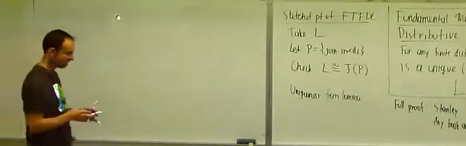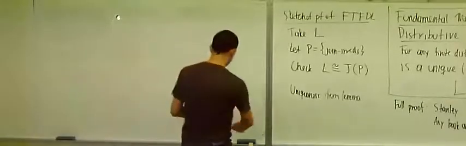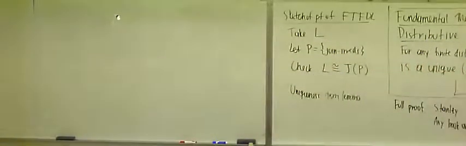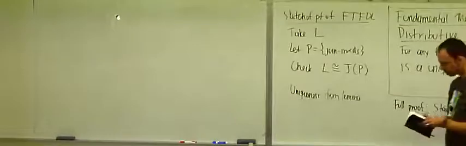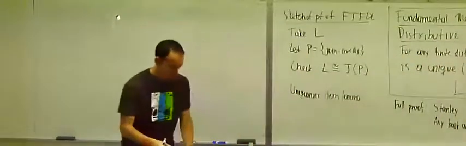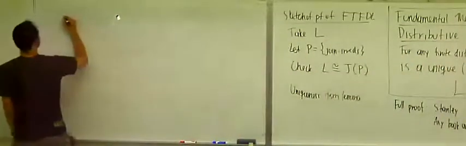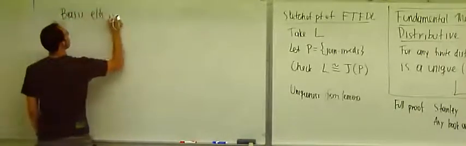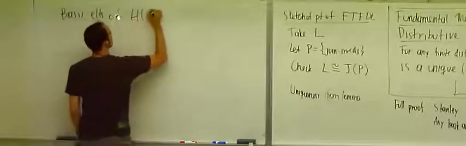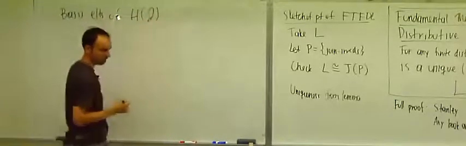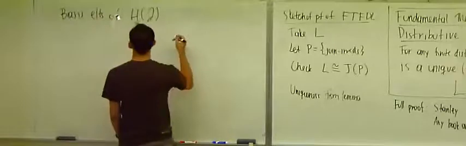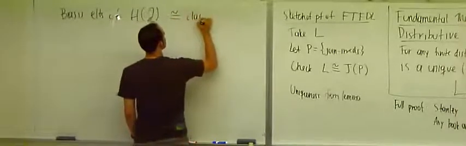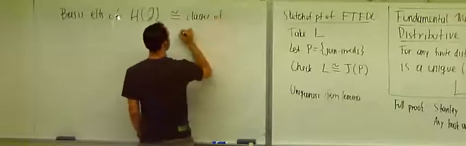Okay. So what is the advantage of this? Let's think about the incidence algebra again. So the basis elements of my incidence algebra of distributive lattices, they are isomorphism classes of distributive lattices.